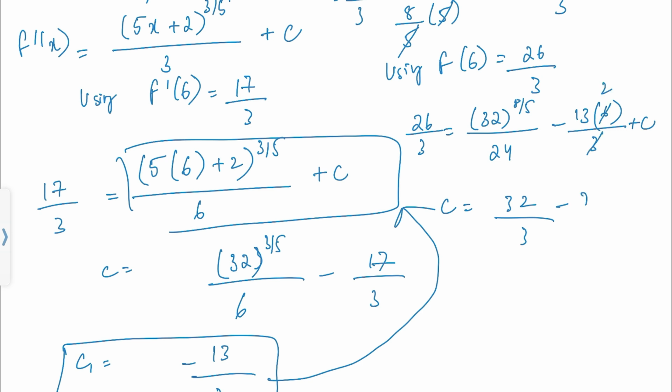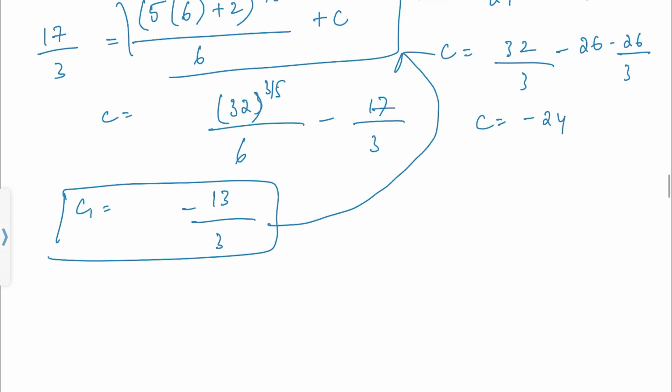This would be cancelled out and this would be minus 26, then minus 26 upon 3. 6 upon 3 is 2, so minus 24.